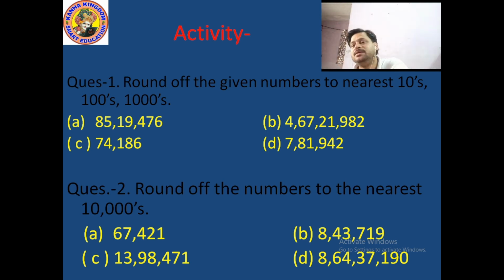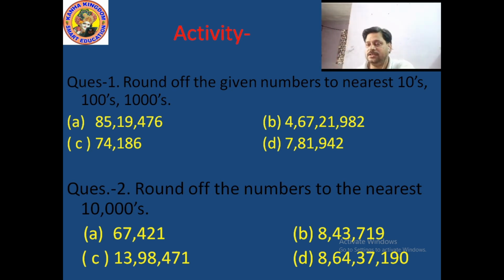But if the ones place is more than 5 or the same as 5, then also you convert the ones digit into 0, but you have to add one more number in the tens place.